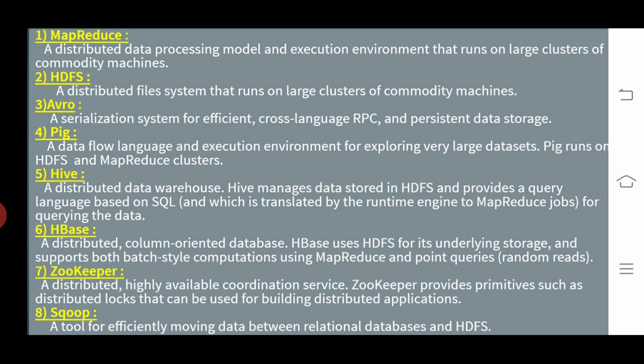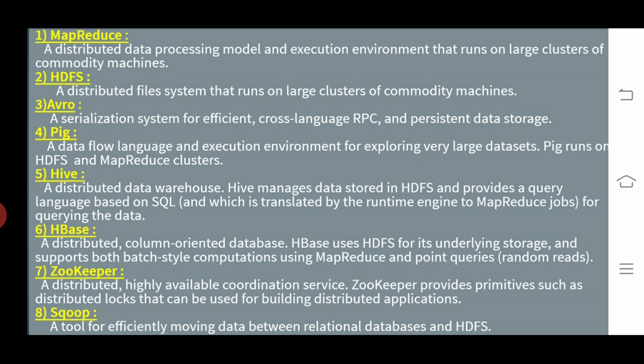This is the concept of Hadoop tools, the components we have to learn about. Now it relates to the blocks concept. By making a block large enough, the time to transfer the data from the disk can be made significantly larger than the time to seek to the start of the block.